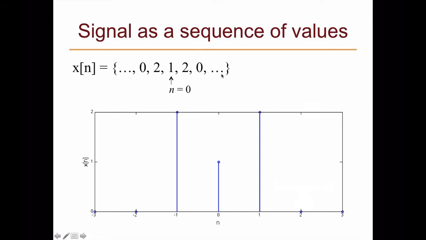For this one, the ellipses denote the value that repeats itself, so it should be 0, just like this, and this is also 0. So what we have would be 0, 0, and then becomes 2 at time equals -1, becomes 1 at time equals 0, and becomes 2 at time equals 1, and then 0, 0, and so on.